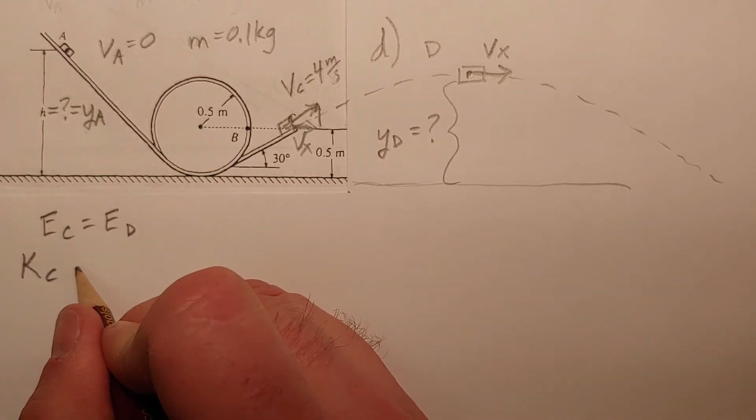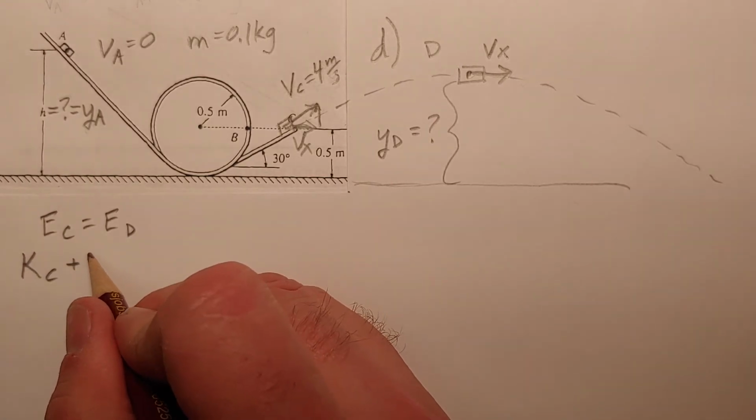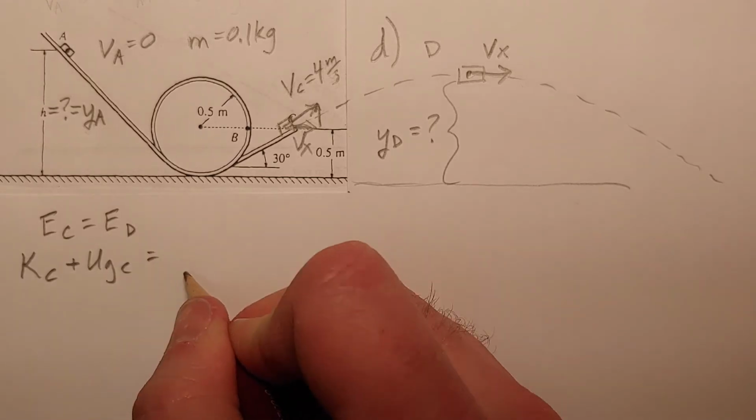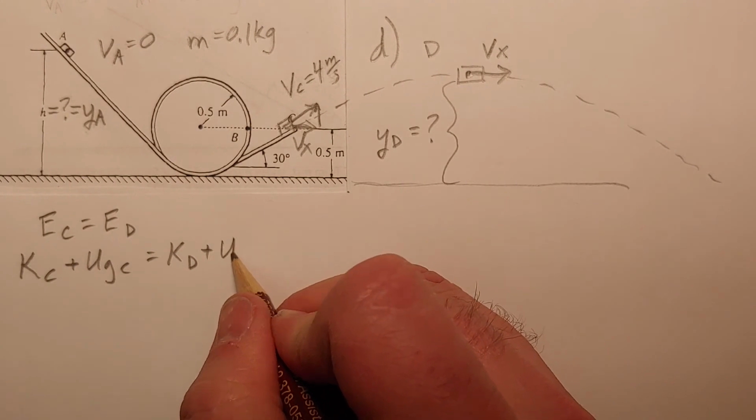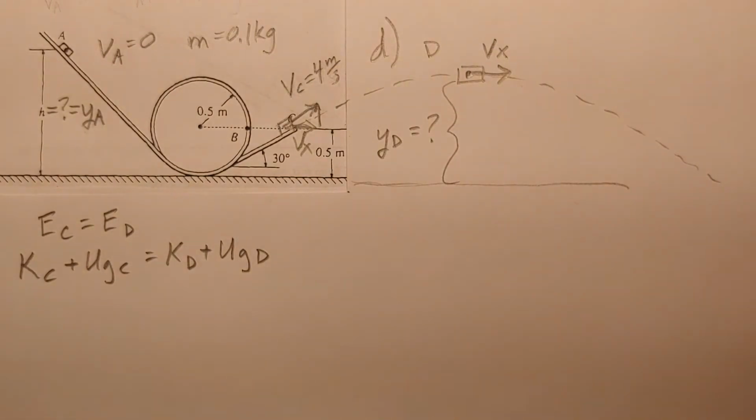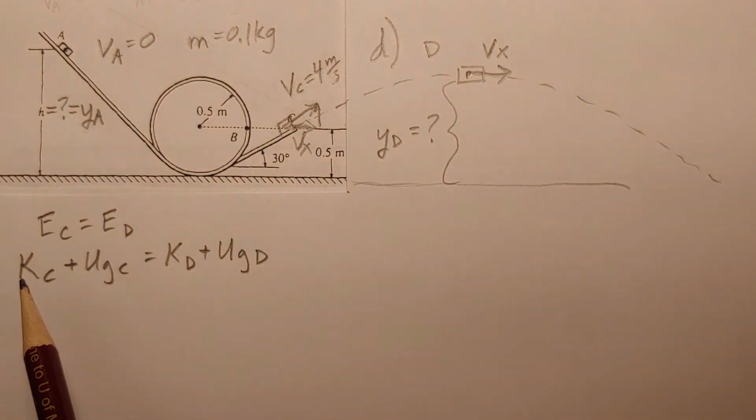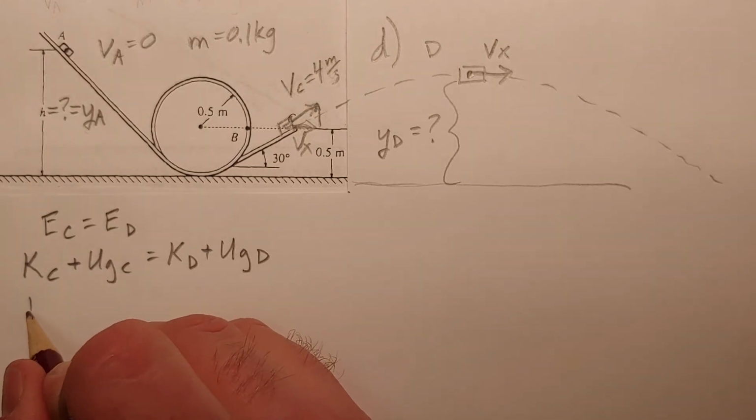That means our total mechanical energy at C and D is a combination of both kinetic and gravitational. So our kinetic energy at point C plus our gravitational potential energy at point C equals our kinetic energy at point D plus our gravitational potential energy at point D. So we'll replace those with 1/2 mv squared and mgy for our two types of energy.